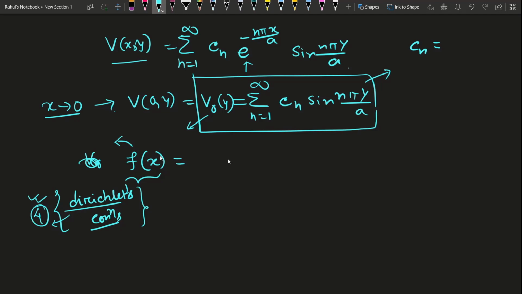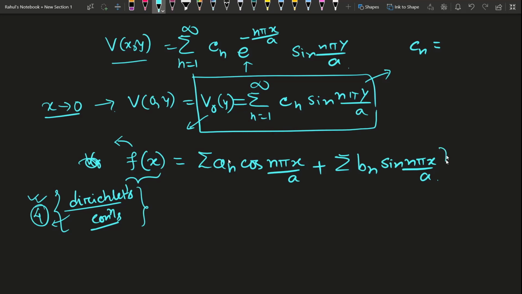That means sine and cosine functions with proper values of the coefficients, which is the actual thing of Fourier series, right? That means it can be expressed as summation of an cos n pi x over a plus summation of this type of thing.